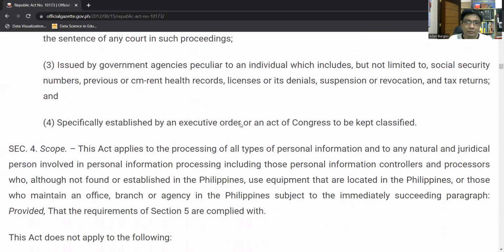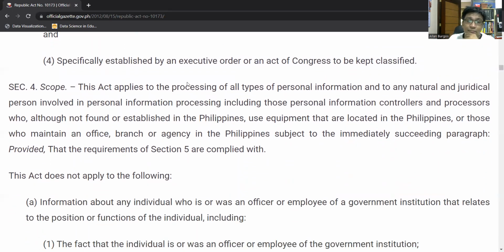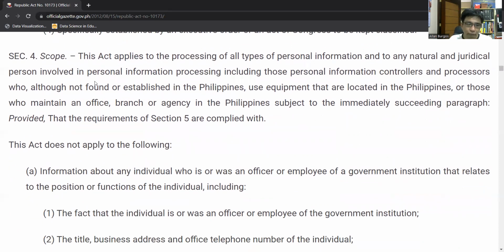Number three, issued by government agencies peculiar to an individual, which includes but is not limited to social security numbers, previous or current health records, licenses or its denials, suspension or revocation, and tax returns; and specifically established by an executive order or an act of Congress to be kept classified.